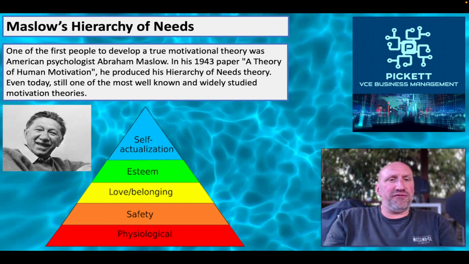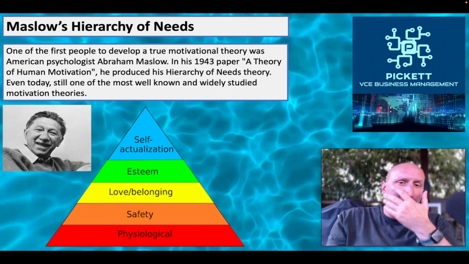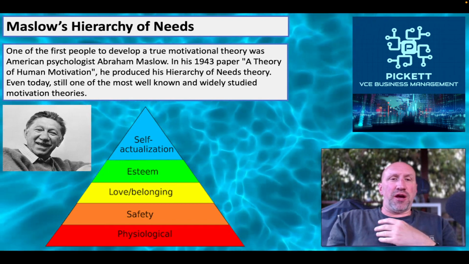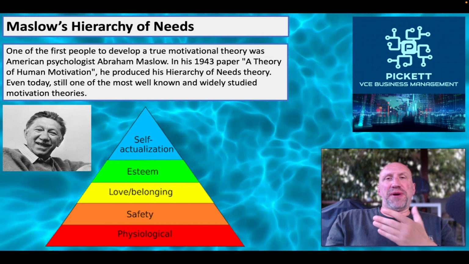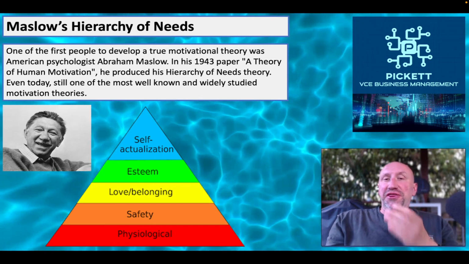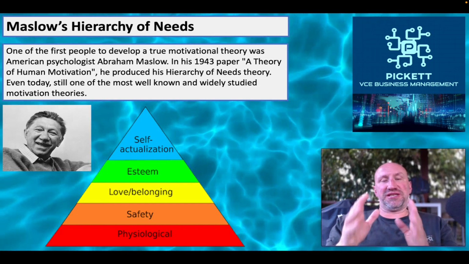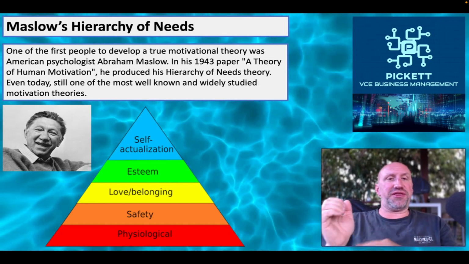Maslow's hierarchy of needs. Now, one of the first true motivational theories that came out there. Abraham Maslow wrote a paper in 1943, A Theory of Human Motivation. And in that paper, he produced his hierarchy of needs theory.